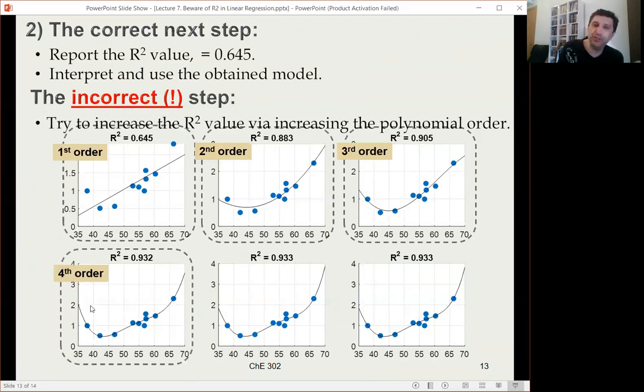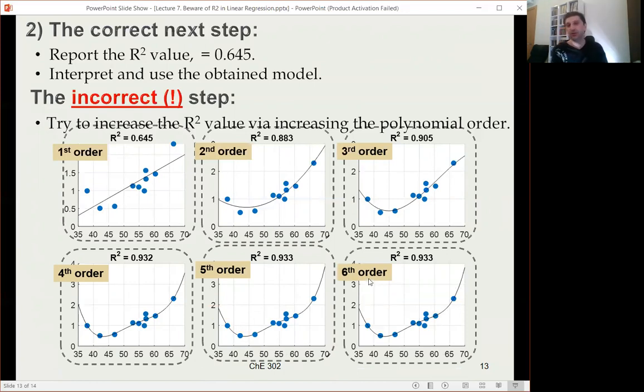And with the fourth order, you have more of these changing slopes, I may say. And as you increase the order, to sixth order, R square is actually still increasing, but we cannot see it because it is in the least significant figures. So what I'm suggesting here is, this does not mean that our model is better.